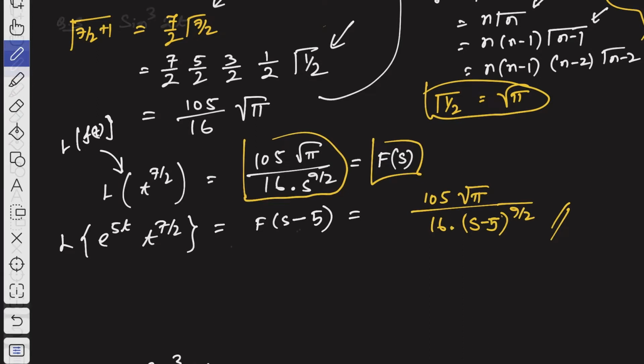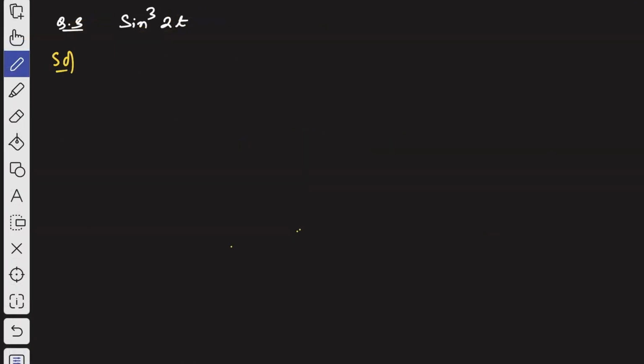Now let's move on to question number 3. So here we need to find the Laplace transformation of sine cube 2t.